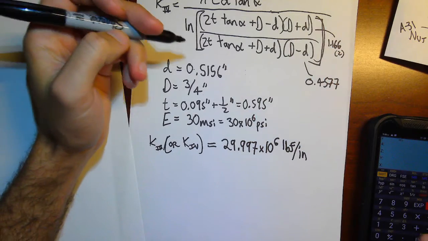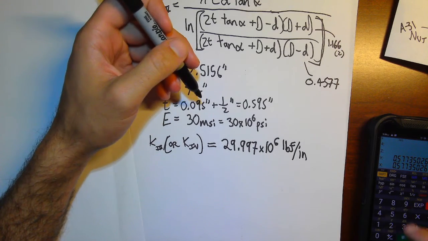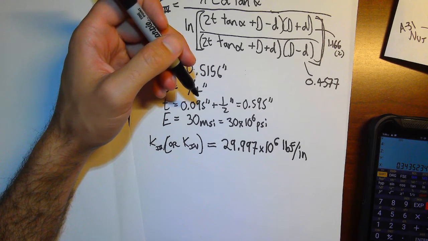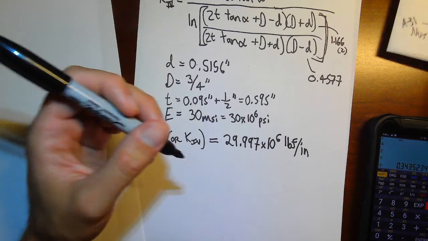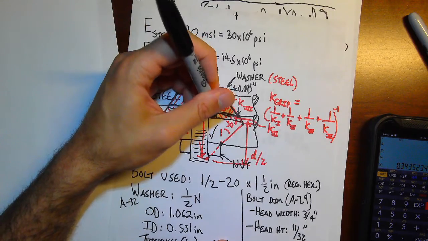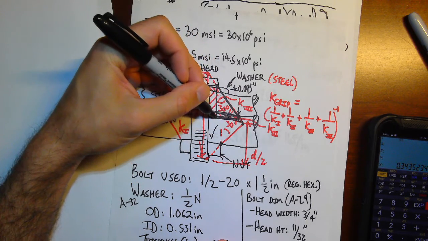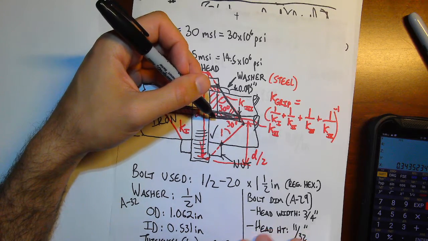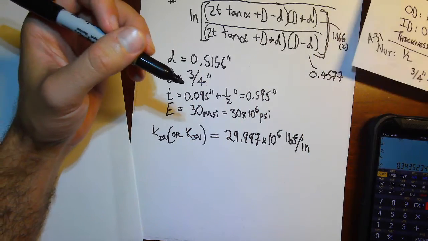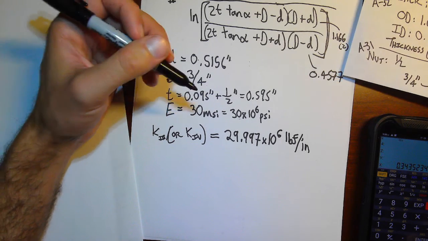So tangent of 30 times 0.595, I moved out 0.34 inches, this distance here, 0.334. So 0.34 inches plus 3/8.